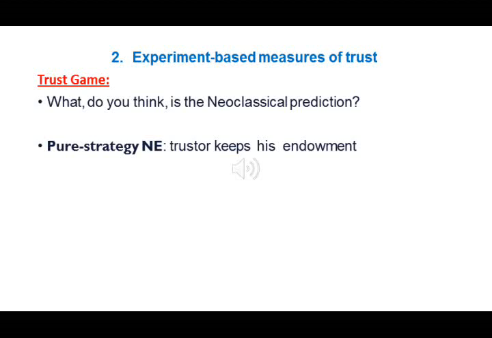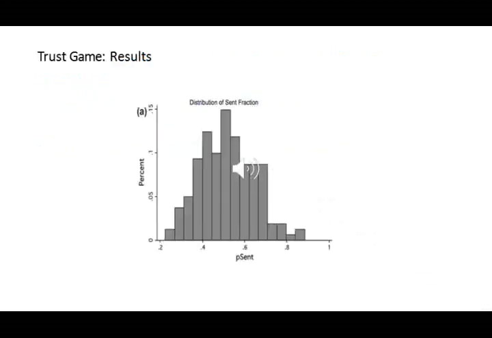But what about the real world? What do you think will happen when this game is played in the real world? This graph shows us the distribution of the percentage of the endowment sent from players A, those who are initiating the trust, who are sending money to the other persons.